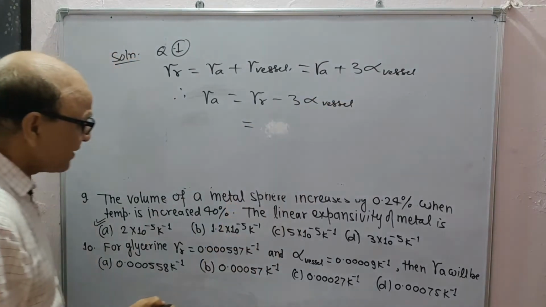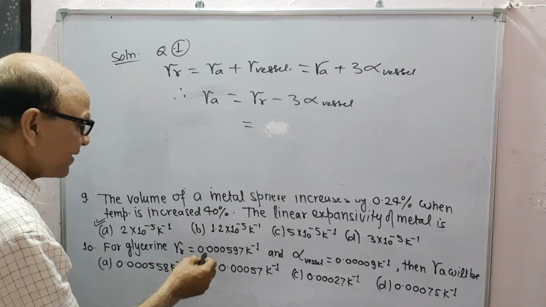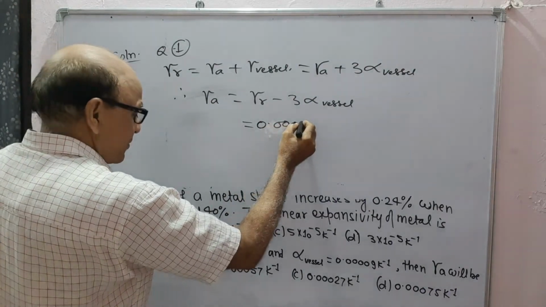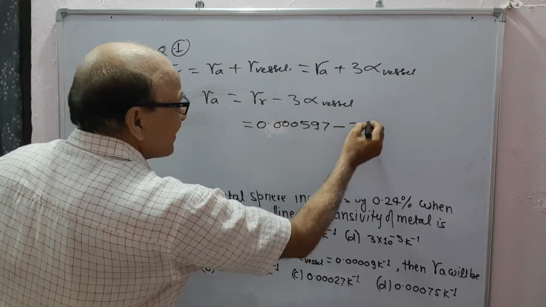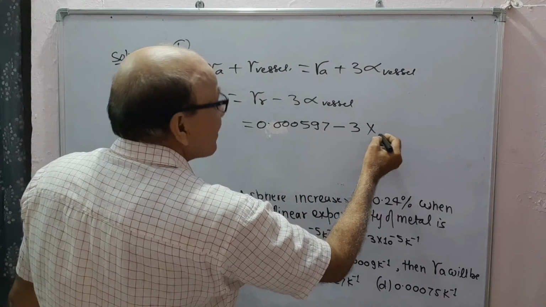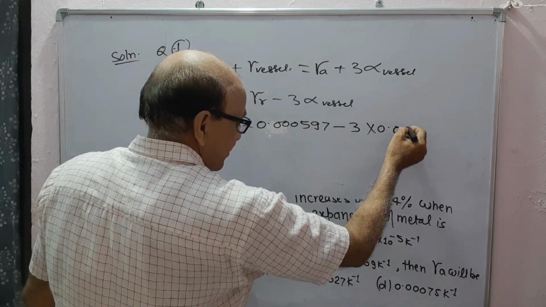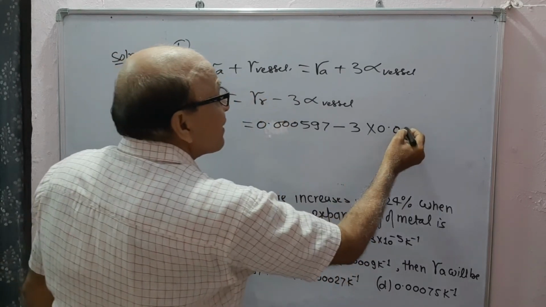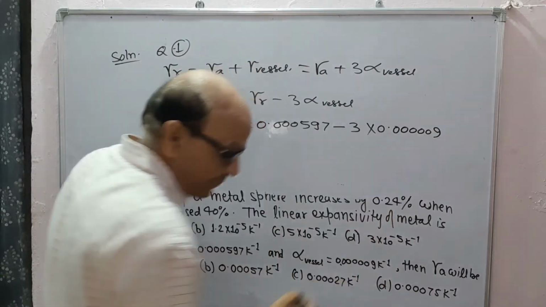Gamma real is given to be 0.00059 minus 3 into alpha vessel, which is given to be 0.00009.